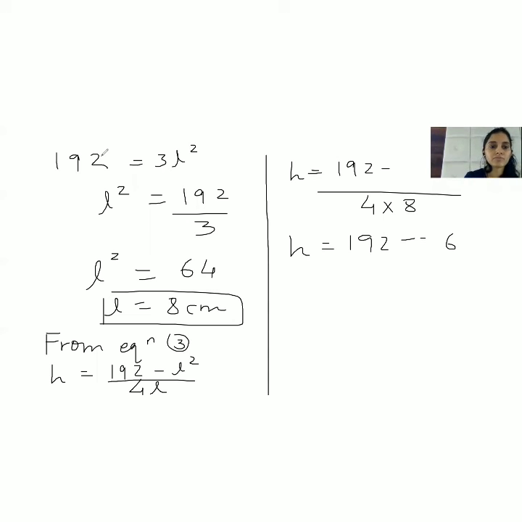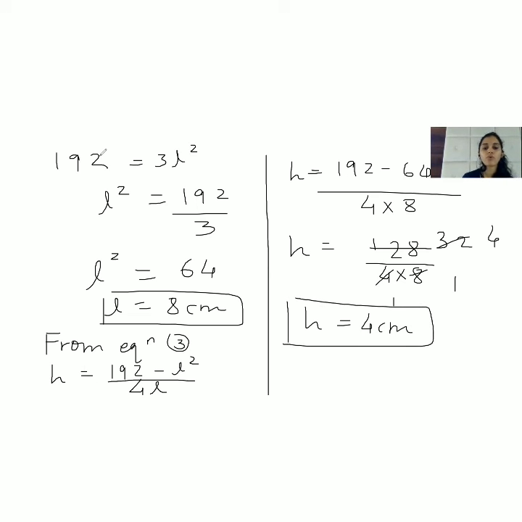So 192 minus 64, that is 128 upon 4 into 8. So H is equal to 4 centimeters. These should be the dimensions of the box for the volume to be maximum.